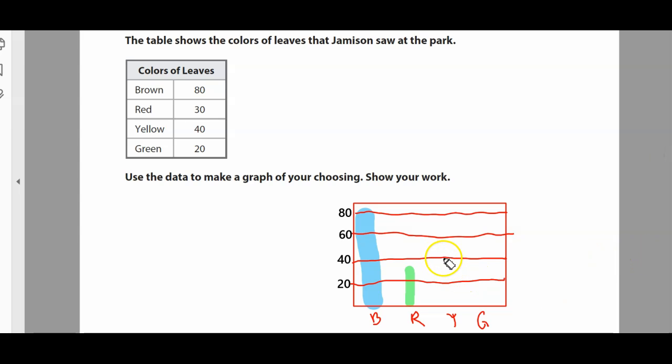So here's the 40 line, and that's how I'm going to go like that. And how many greens? 20. Which is this line right here. And that's what would be my bar graph.